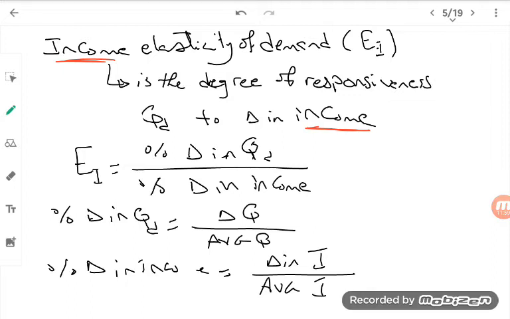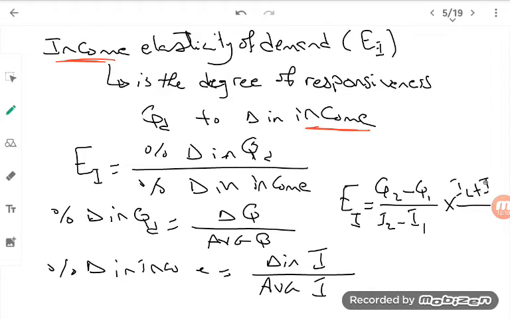So we can write income elasticity of demand as Q2 minus Q1 over income 2 minus income 1 multiplied by I2 plus I1 divided by Q2 plus Q1. This means that it's almost similar to the price elasticity of demand, except that we are going to replace income instead of price.